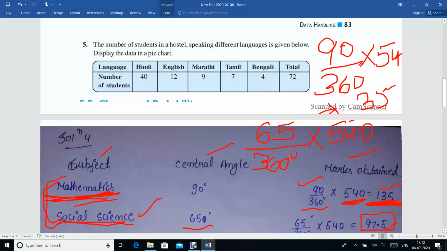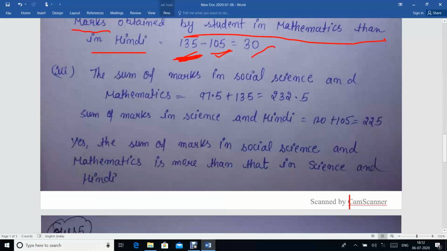So you have to find the sum of the marks of these two subjects. Social science 97.5 and mathematics 135. After adding them you get 232.5.